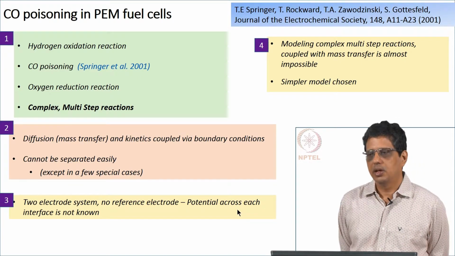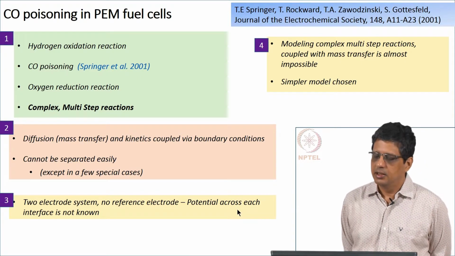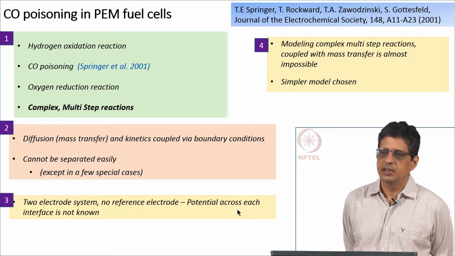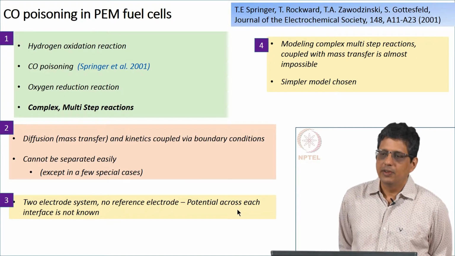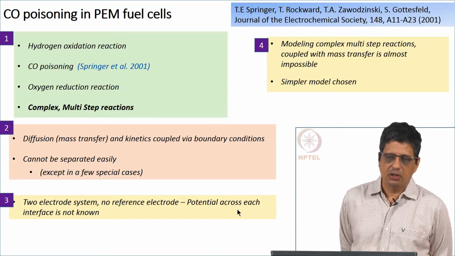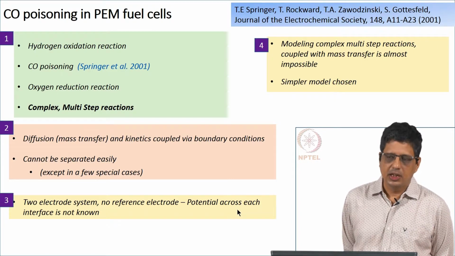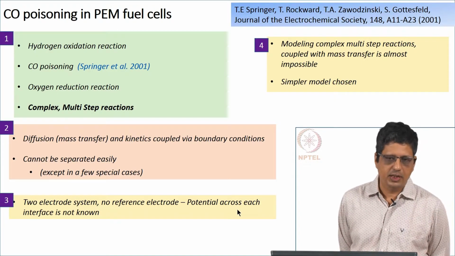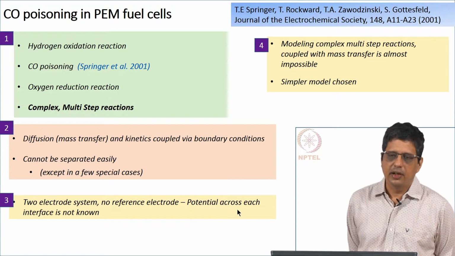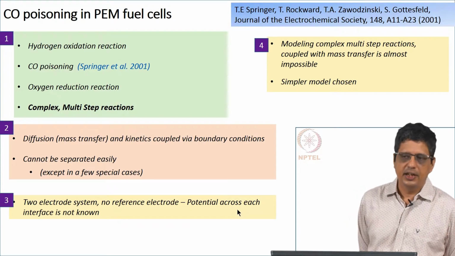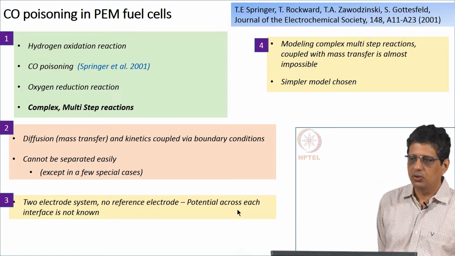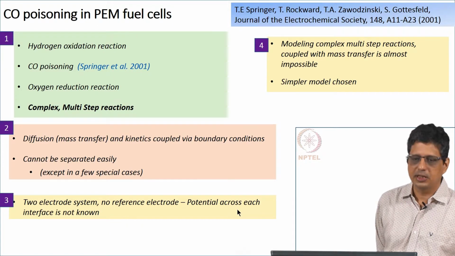Still, the authors have modeled in this fashion mainly because it is not that easy to even develop an expression for complex reactions even on only one side, even on the anode side with mass transfer limitation, and when you realize that you have to add the reactions on the cathode side also to calculate the total impedance, it becomes next to impossible.